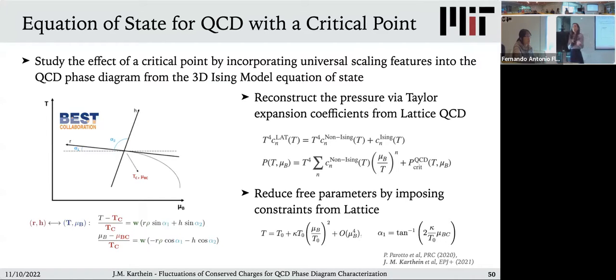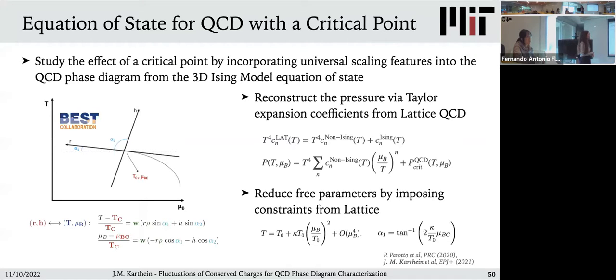If there's a critical point in the QCD phase diagram, then it is in the 3D Ising model universality class, and we can construct an effective equation of state where we use what we know from lattice QCD where it's available, i.e. mu_B equals 0, and add critical features from this universality class in the 3D Ising model somewhere in the phase diagram. We essentially just paste the critical phase diagram onto the one from QCD via a mapping that looks like this.